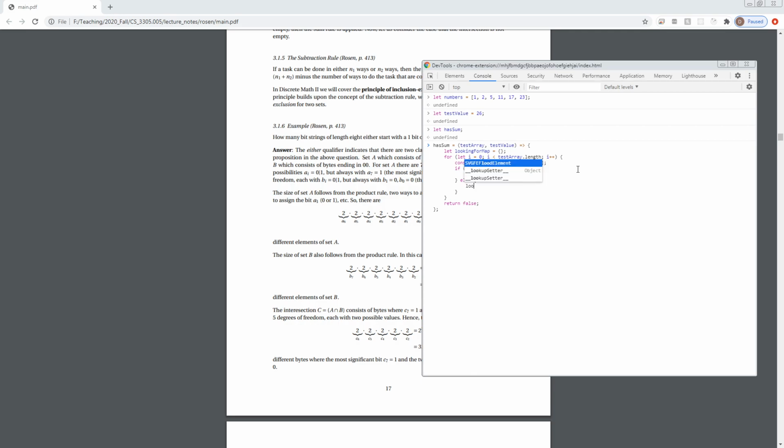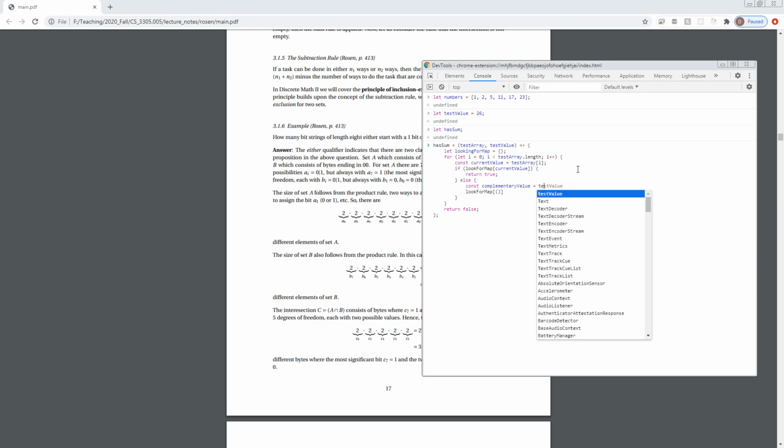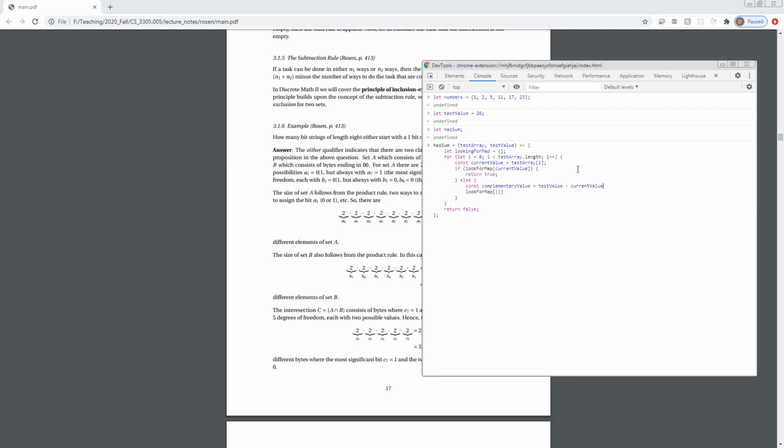So then we're going to assign the complement, and we're going to key it with our matching pair. So const complementary value is equal to test value minus current value.